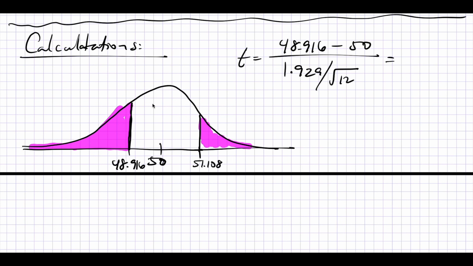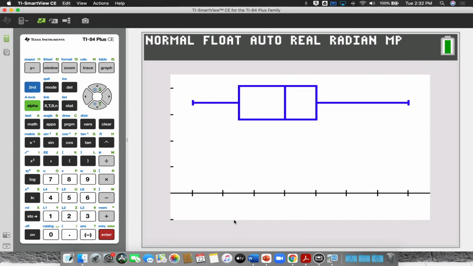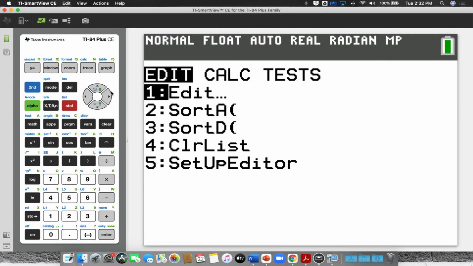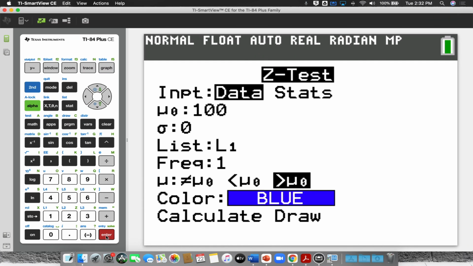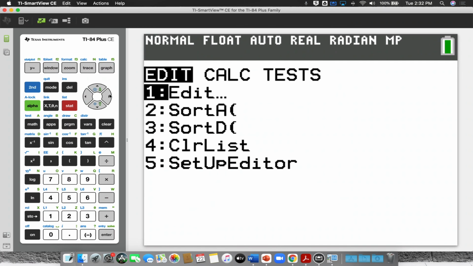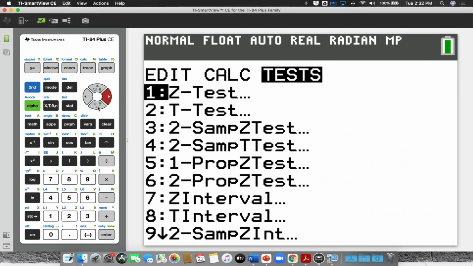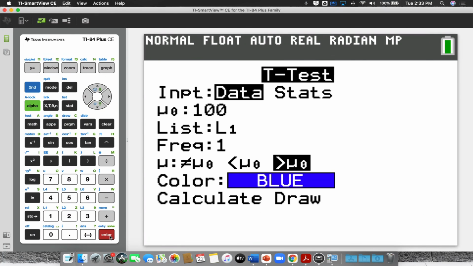So when we crunch the numbers: stat, test, oh, wrong one. Stat, t-test, data, because we have it in L1. Their claim is 50.